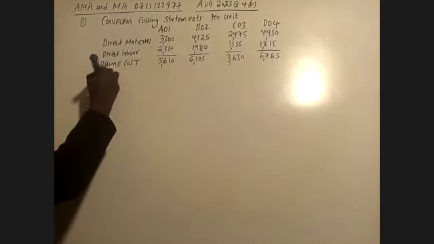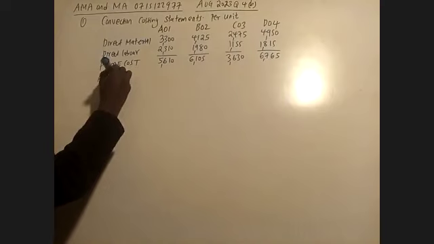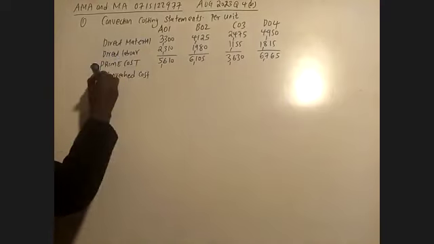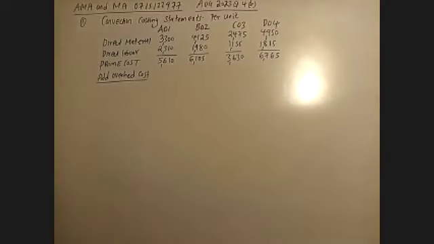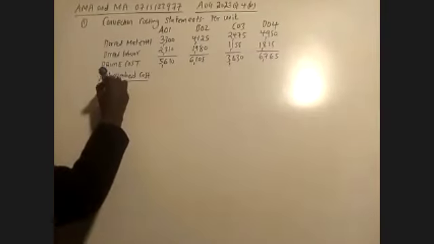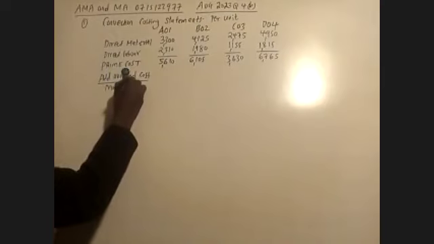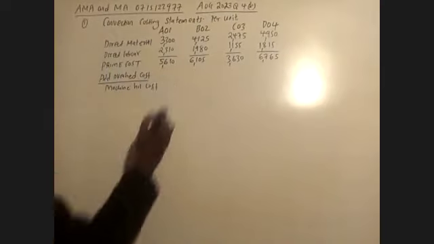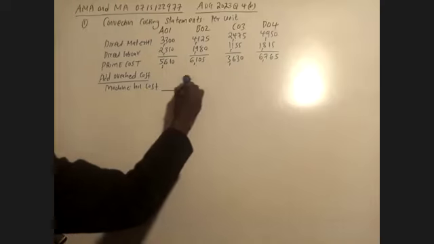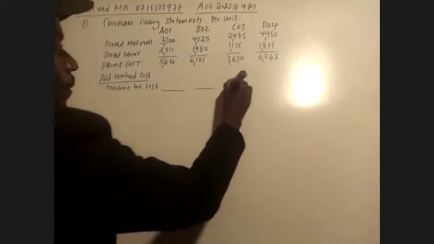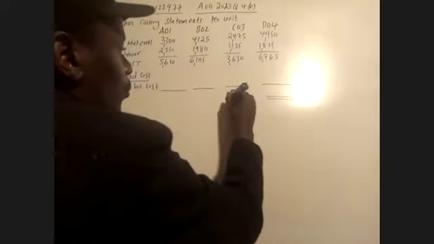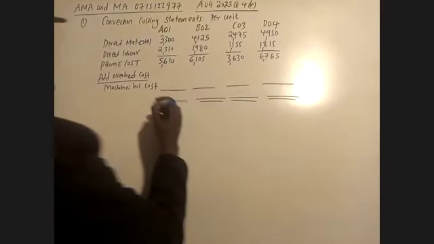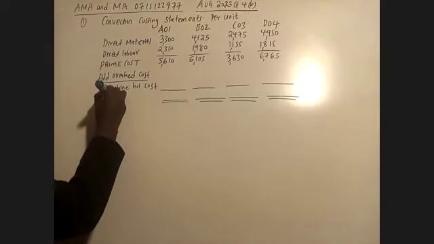So we add overhead cost. But remember, it is on machine hours cost. That's what we are supposed to add. So it is based on machine hours. Then once you do that one, you shall get the total cost per unit.